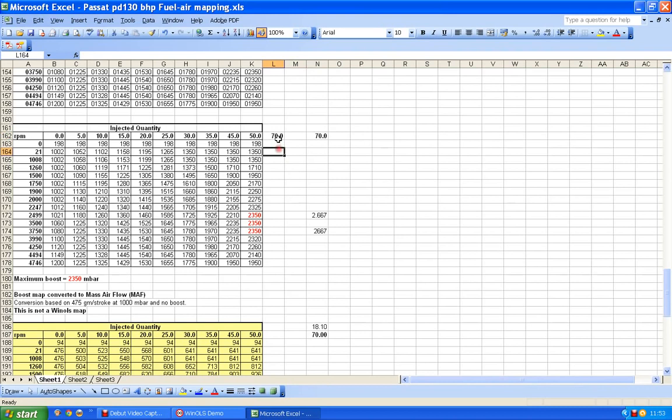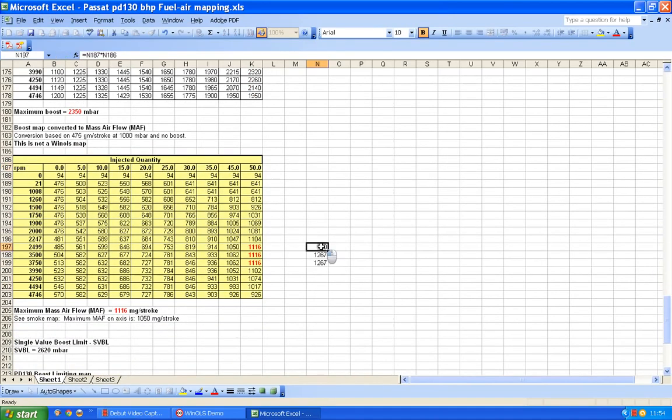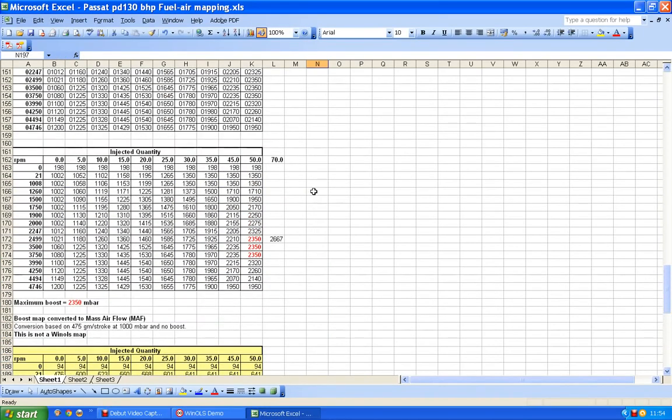So we want a column with that 70 in it. So I'll just get rid of that. And we want it here to read 2667 or thereabouts. So I'll just get rid of these things that are cluttering up the place, and I'll go around and get rid of these as well so that we're not left wondering what on earth all this other stuff is, having looked at it.